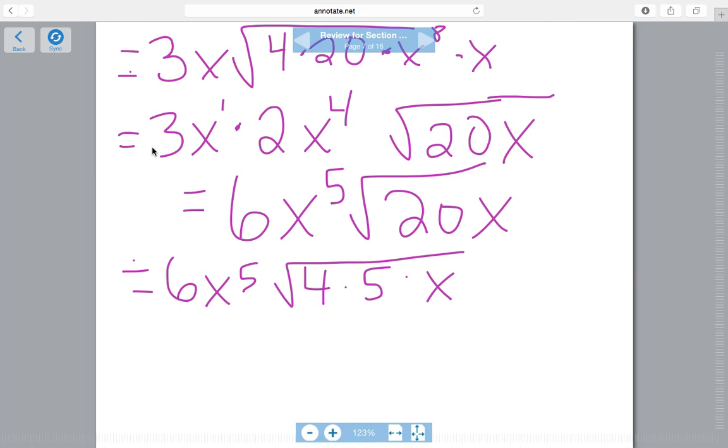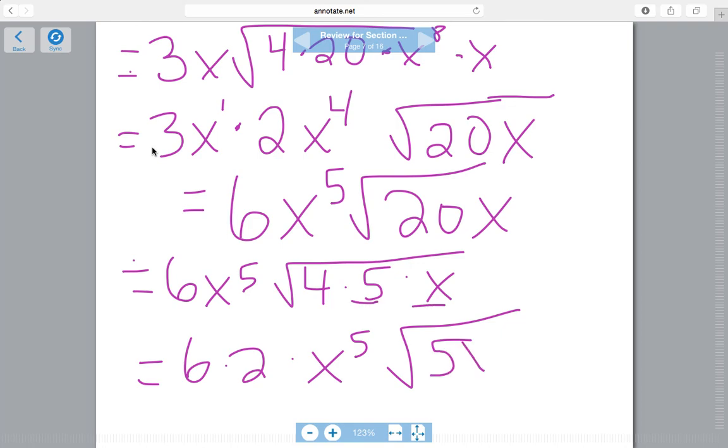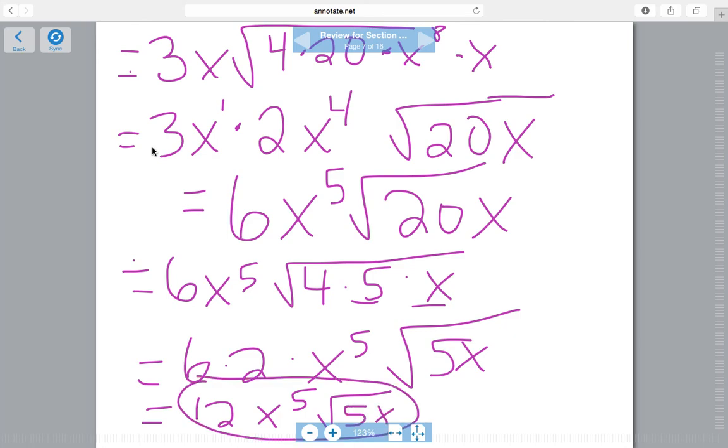So the square root of 4 is 2. So we have 6 times 2 times x to the 5th. And then inside we still have a 5 and an x, so 5x. So your final answer then would be 12x to the 5th times the square root of 5x. And that would be your final answer.